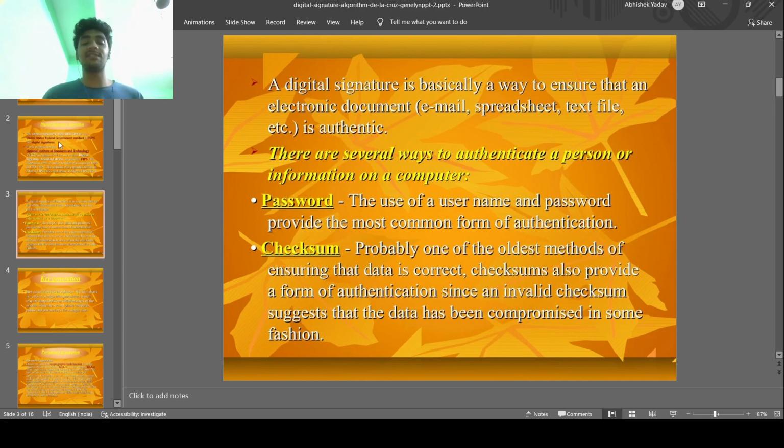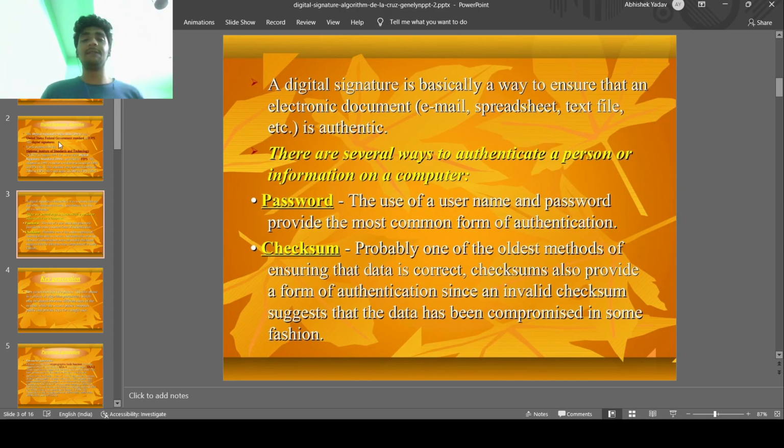And then we have the checksum, probably one of the oldest methods of ensuring that data is correct. Checksums also provide a form of authentication, since an invalid checksum suggests that the data has been compromised in some fashion.